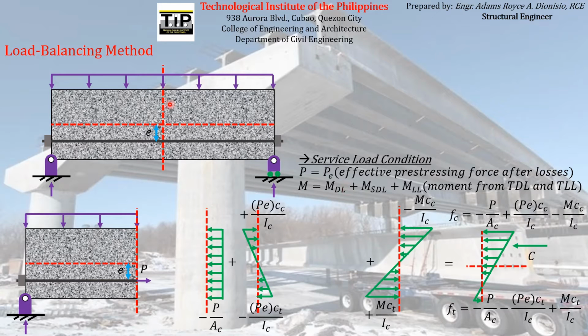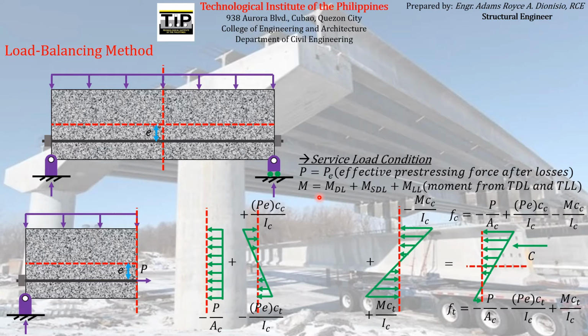So just like the C-line method, the load balancing method is usually used to analyze a concrete element which is already in its service load condition. But then again, just like in the case of the C-line, in my experience, it can also be used on the other stages of pre-stressing, even at initial pre-stressing at transfer, or at initial pre-stressing at transfer with self-weight.